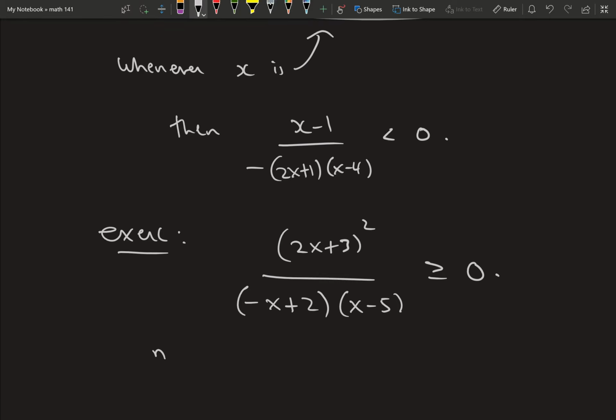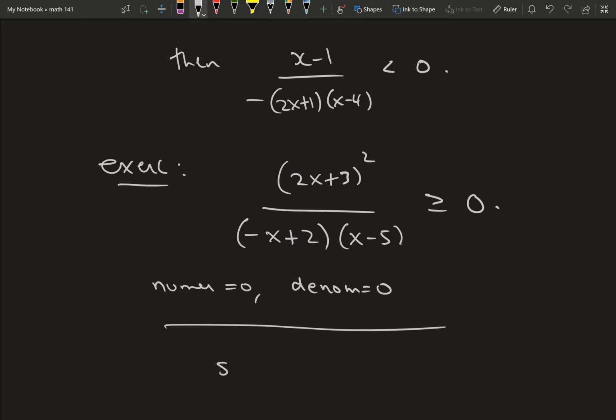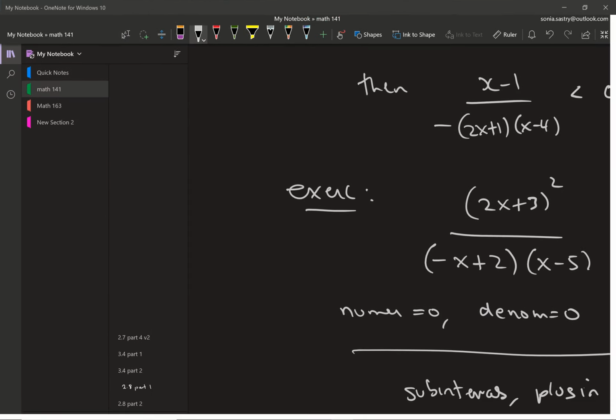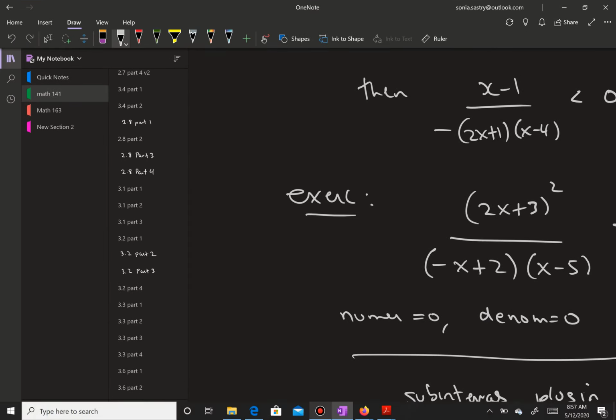All you want to do is find where the numerator is 0, then where the denominator is 0, and then break up your real line into subintervals and plug in numbers in between in each part. Okay, and that'll determine the solution. Okay, we'll start with that in the next video.